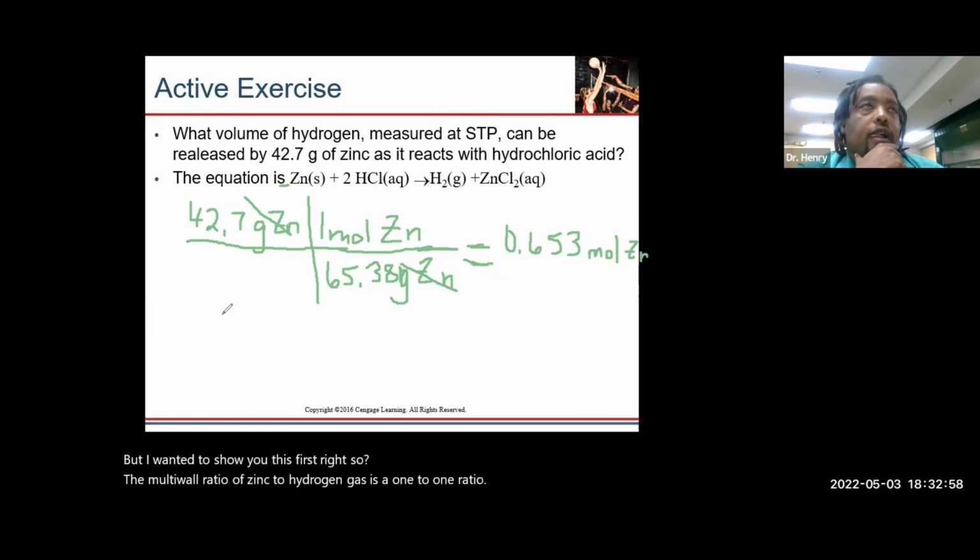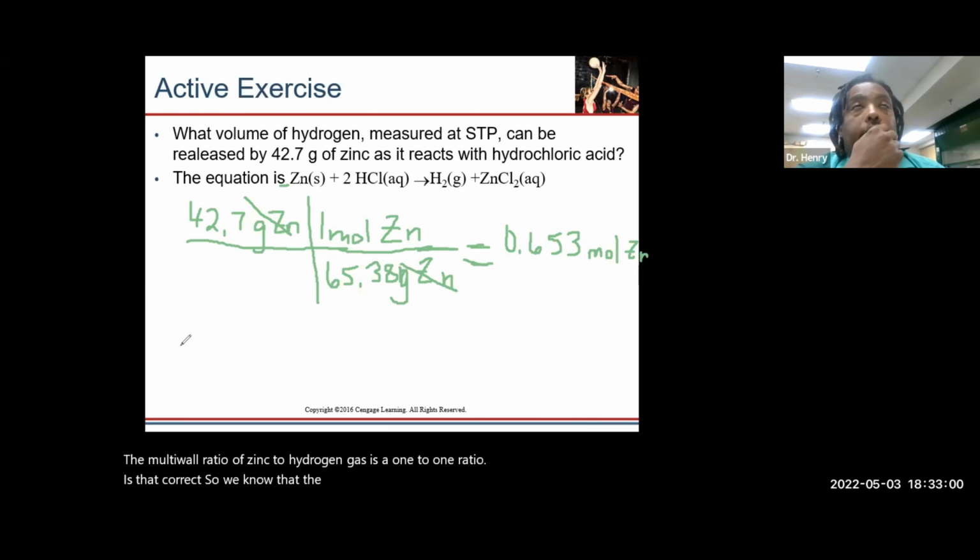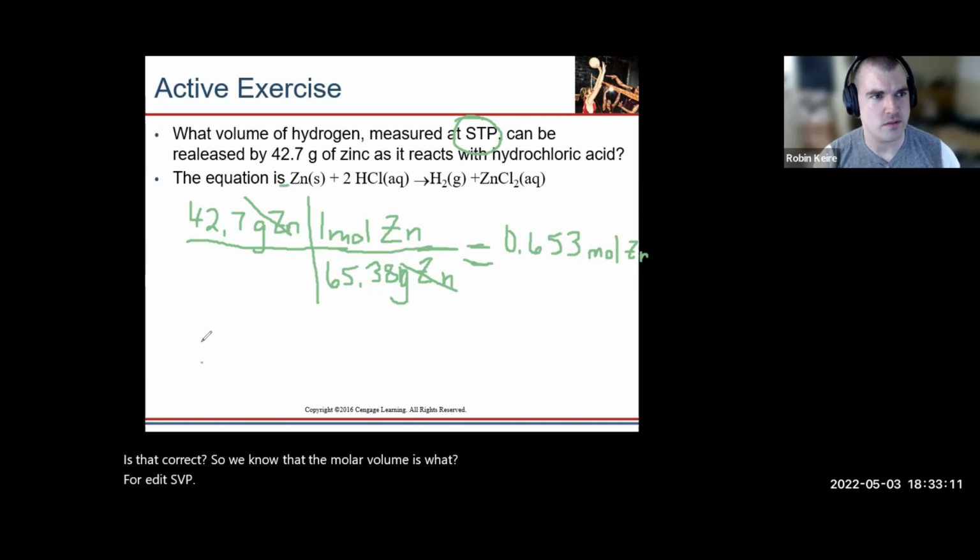Is that correct? So we know that the molar volume is what for STP? Oh, 22.7.